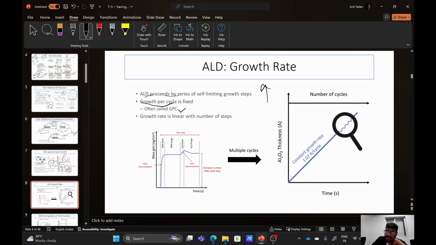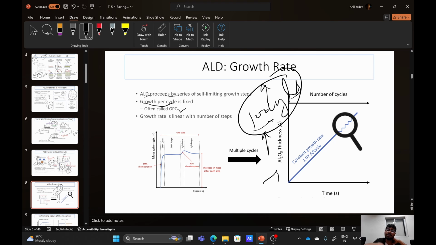We look at how much growth happens in a single cycle. We can do multiple cycles, let's say 100 cycles, measure the total thickness of the layer, and divide by 100 to see the growth rate per cycle.